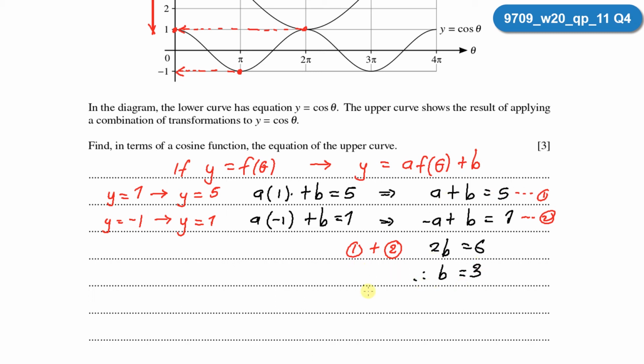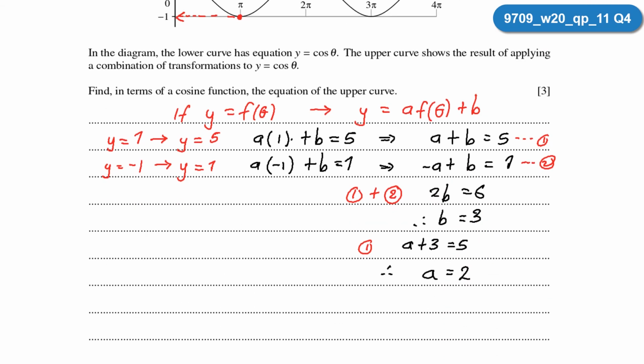And again, using any one of the equations, like equation 1, since a plus b is equal to 5, then a plus 3, which we got, is equal to 5. And this therefore translates to a being equal to 2 after subtracting 3 from both sides. So we now know what a is and what b is. We're going to be using this a bit later.